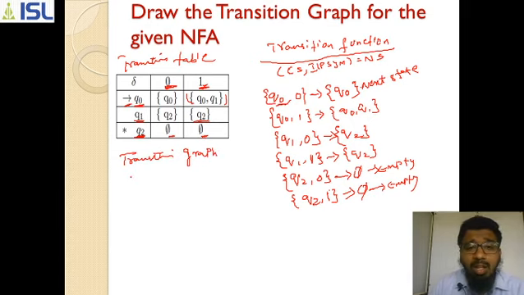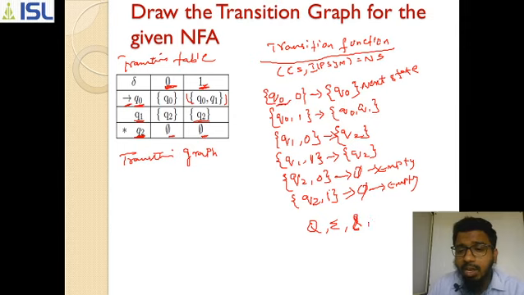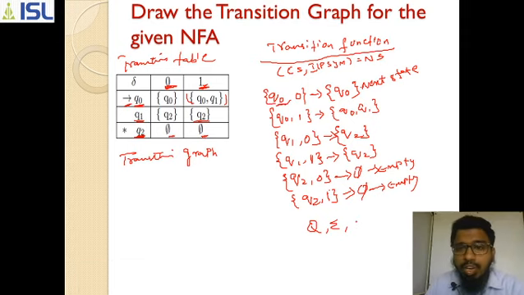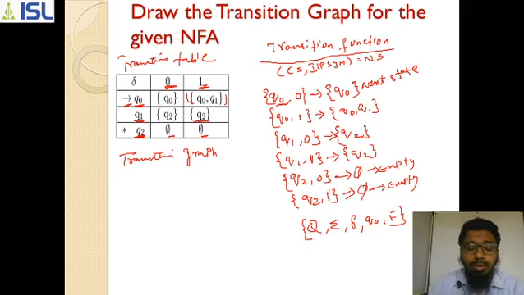First, take the Q. Here you need to remember this: capital Q, sigma, delta, and here we need to write the delta, Q0 comma F. This is a 5-tuple. Now I will change the color.